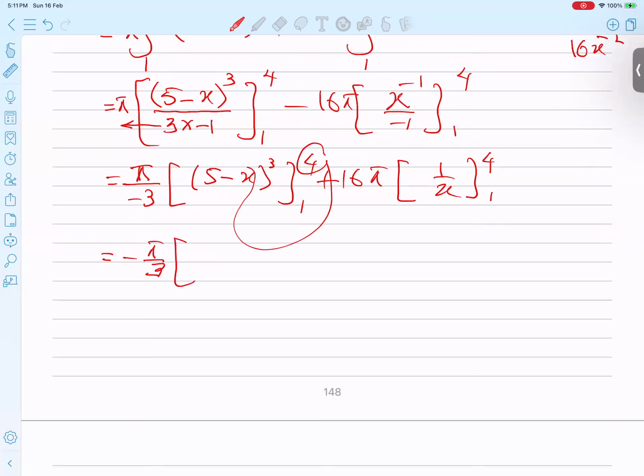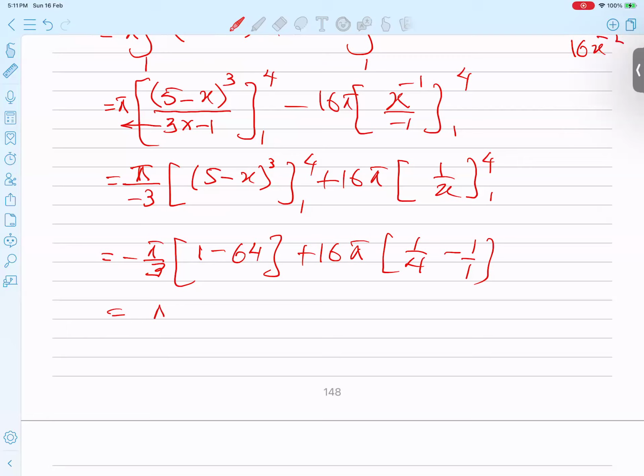When I plug in 4 here, 5 minus 4 is 1, and 1 to power 3 is 1. When I plug in 1 here, 5 minus 1 is 4, and 4 to power 3 is 64. So this part is very clear. Same criteria here, 1 over 4 minus 1 over 1. So we can do it directly now. This becomes negative 63. And here, what is the situation? 16 times, in the bracket, 1 divided by 4 minus 1, and I get negative 12.